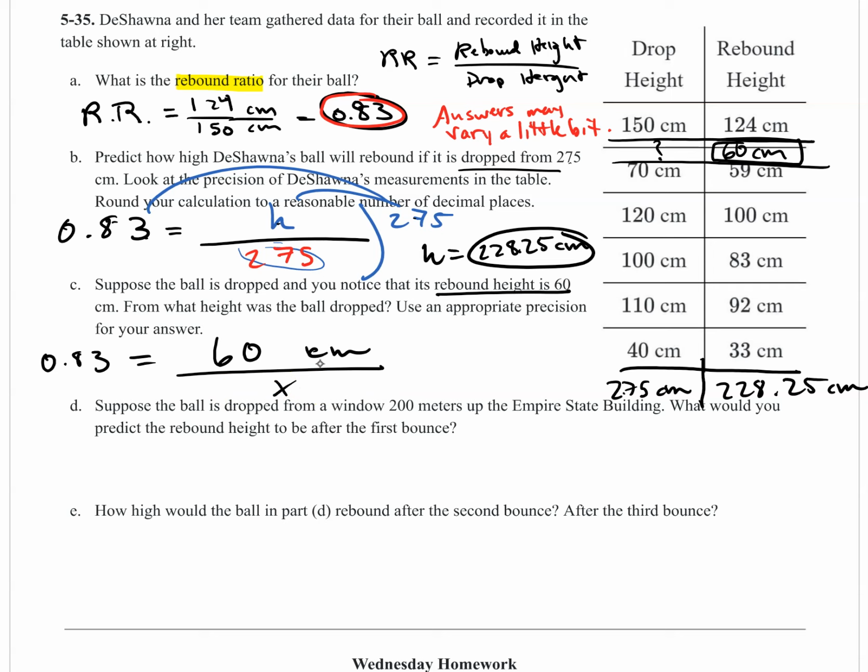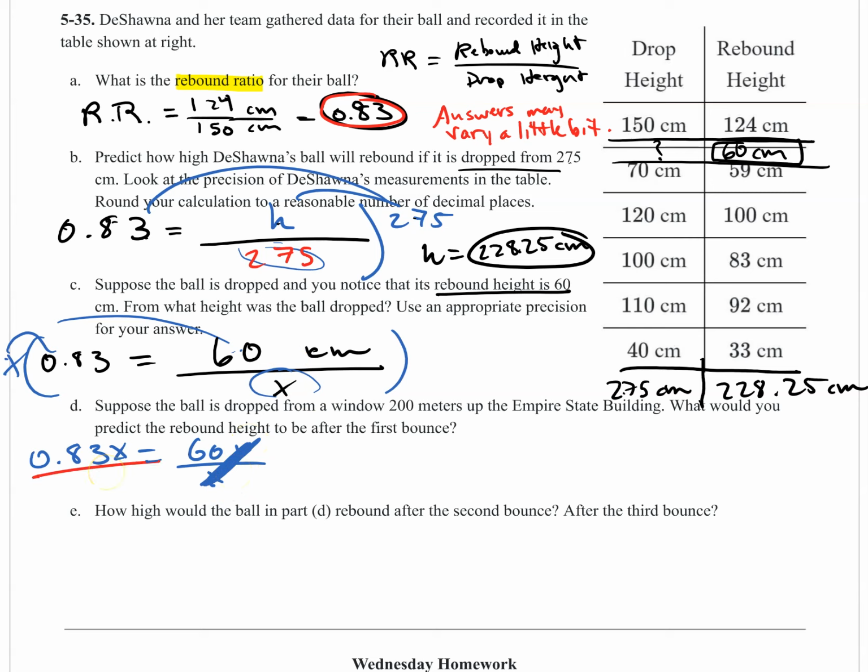Let's call this x. Same as last time. We can multiply everything by x, whatever's in the denominator. So we have 0.83x equals 60x over x. 60 times x is 60x, still divided by x. Alright. So we have 0.83x equals 60, because x divided by x is just 1.